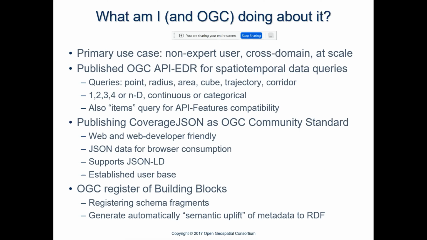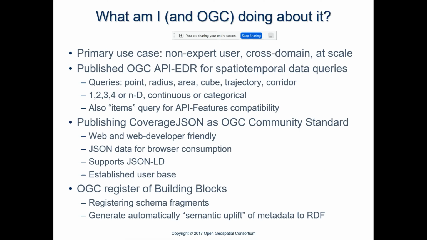And CoverageJSON also supports JSON-LD, so we have a way of linking into the metadata world and the semantic metadata world with RDF and the semantic web. So therefore, we could start getting what we call semantic uplift, which I really like that idea because metadata is quite hard to generate. We've tried to force our users to create metadata when they create their data.